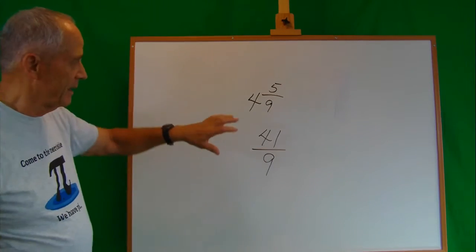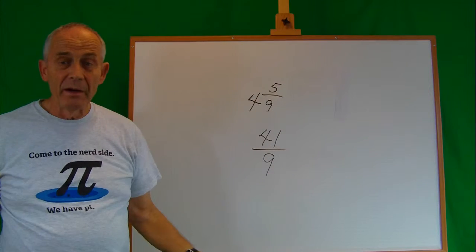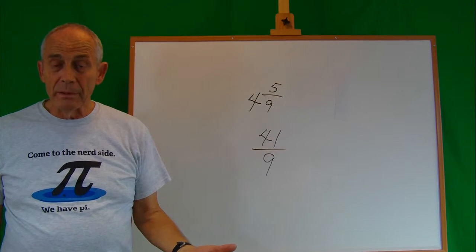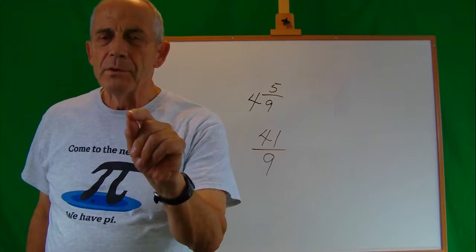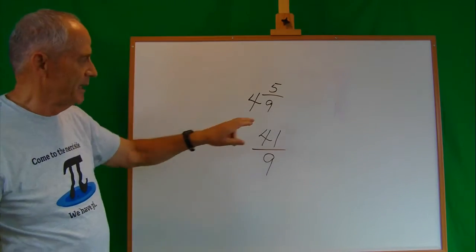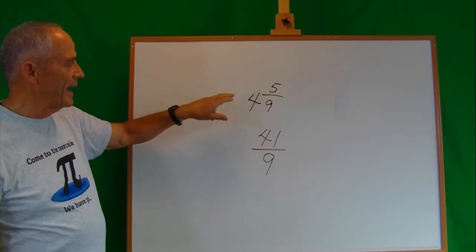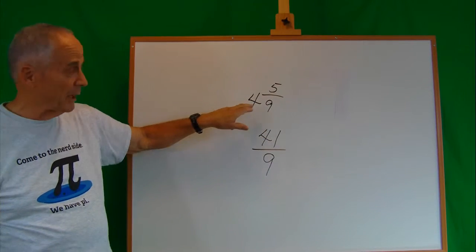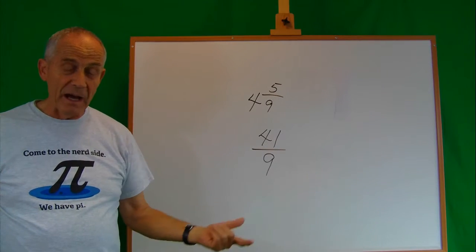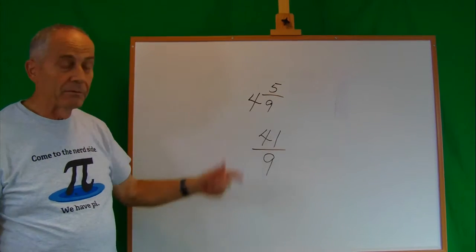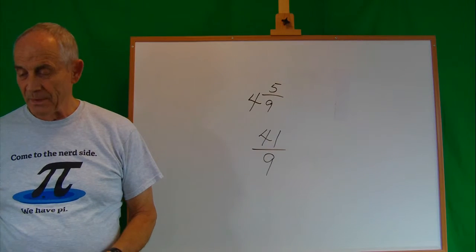But now think about this. Changing from here to here was really fairly simple, and we don't even have to remember the rule if we remember the idea. I'm dealing with ninths. I have 4 full groups, plus these 5 here. So altogether that's 36 plus 5 ninths, or 41 ninths.